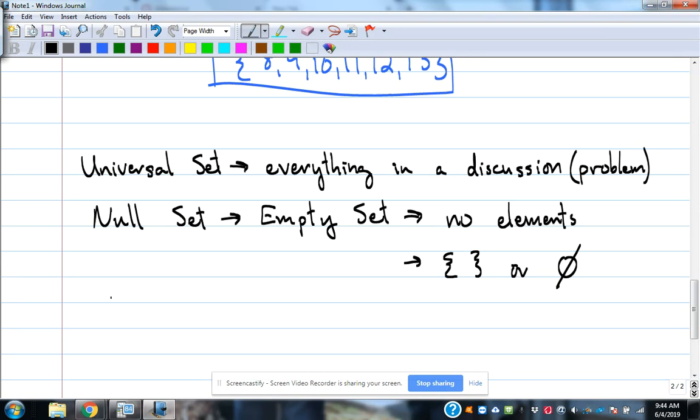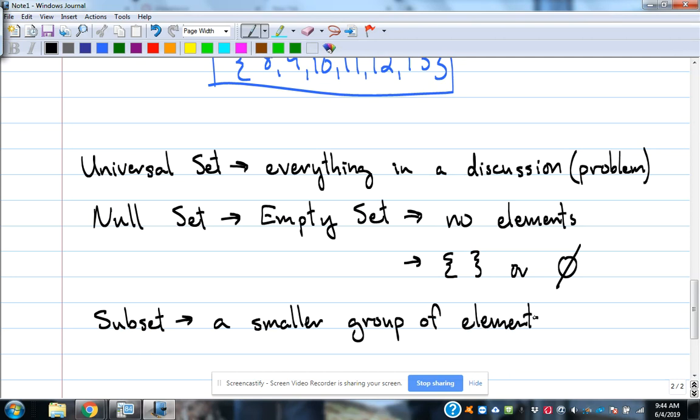Another kind of definition thing that we're dealing with here is a subset. A subset is taking part of a larger set, right? Subset, sub-organization, kind of, it's a smaller part of that. So it's a smaller group of elements from a larger set.